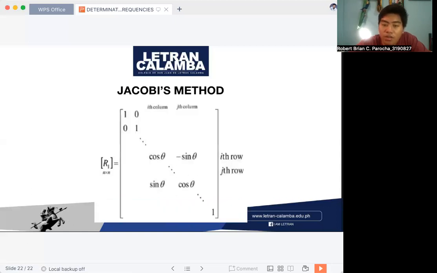As you can see in this figure, the orthogonal matrix R is generated as a product of several rotation matrices of the form where all elements other than those in the row and column I and J are identical with those of the identity matrix, denoted as I.